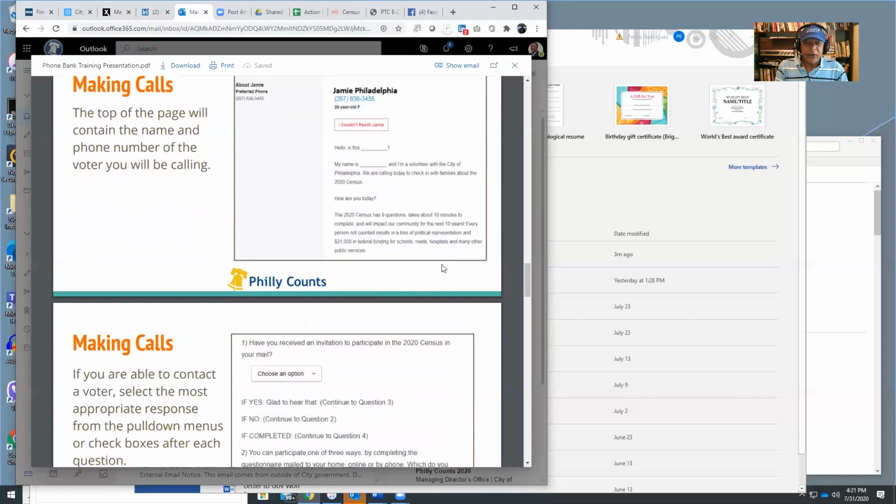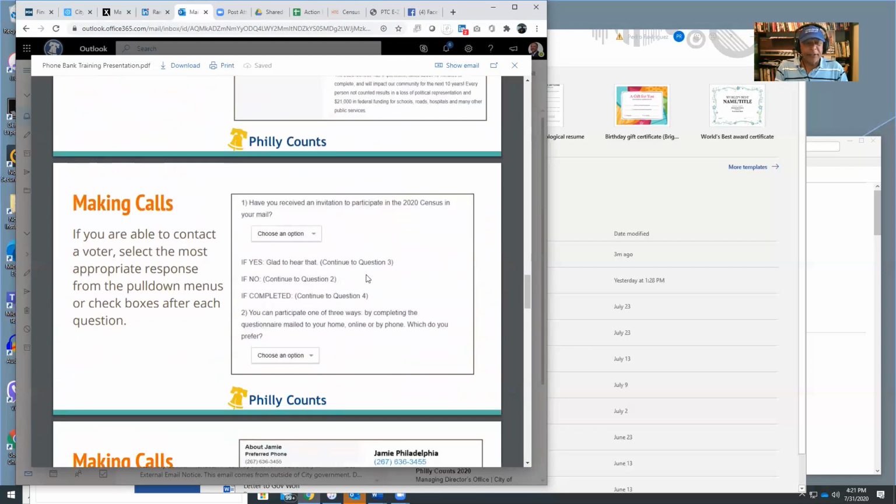Once you get Jamie engaged in the conversation, the first question is, have you received an invitation to participate in the 2020 census in the mail? Jamie says, oh, yes, I got it. There's usually a pause there, and I say, do you have any difficulties completing it, or do you have any questions?